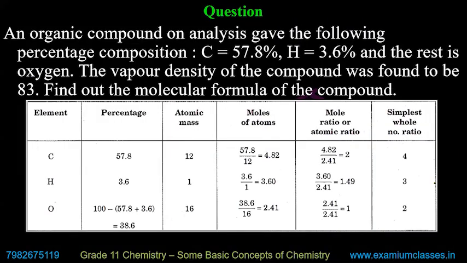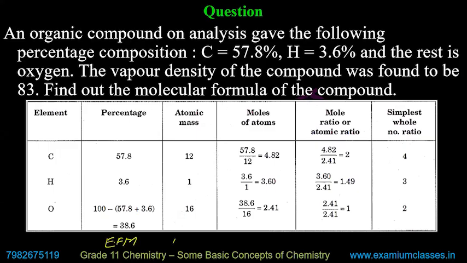Just to understand how we calculated the empirical formula, I used the same 5 columns. And once I got the empirical formula, I calculated the empirical formula mass. Why did I calculate it?